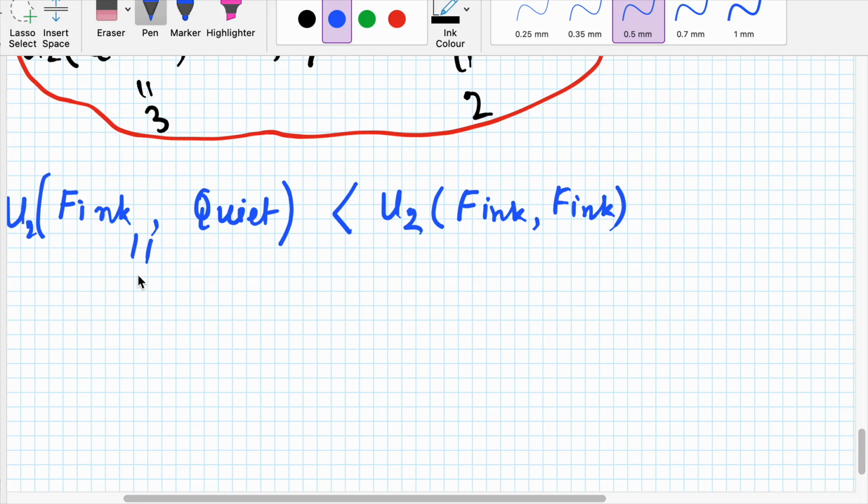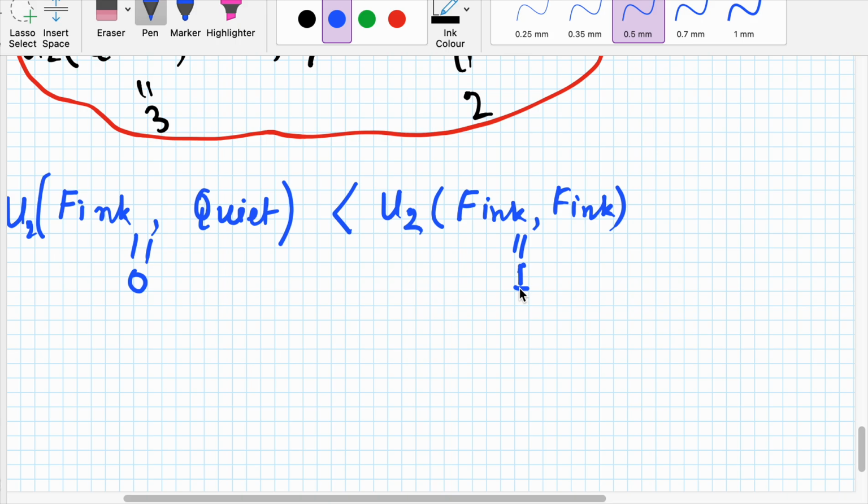Here she is getting a payoff of 0, but here she will get a payoff of 1. Since player 2 has an incentive to deviate from quiet to adopt a different strategy, this no longer remains a Nash equilibrium.